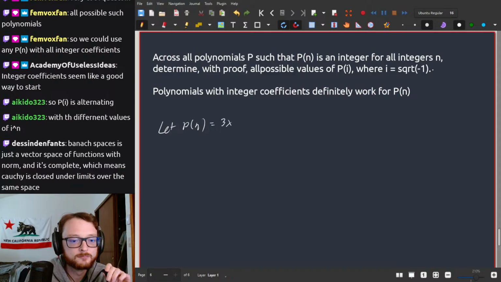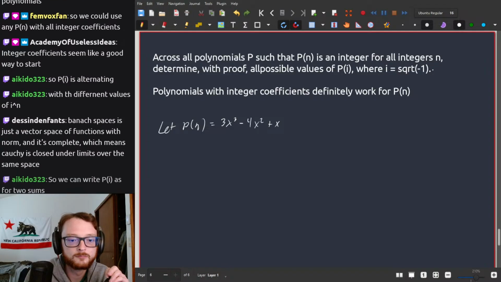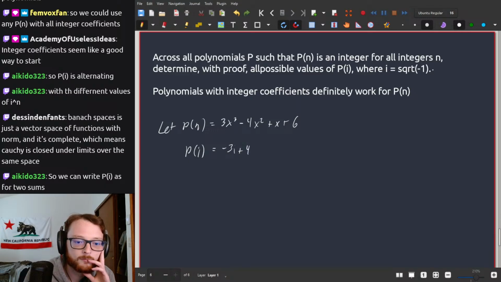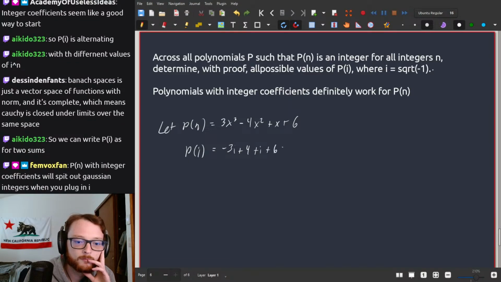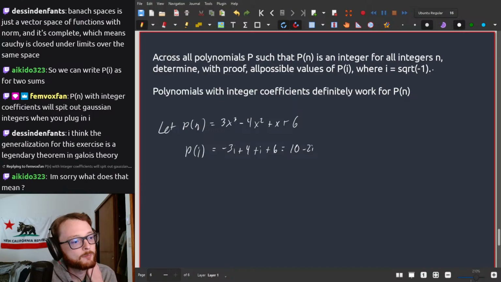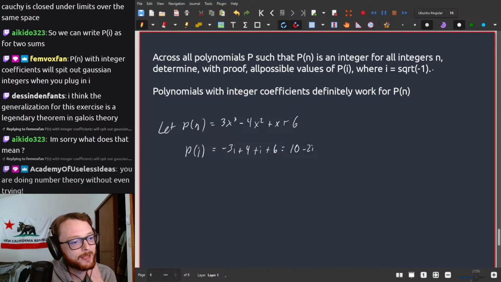Hmm. Yeah, it's like alternating, but alternating across four values, right?